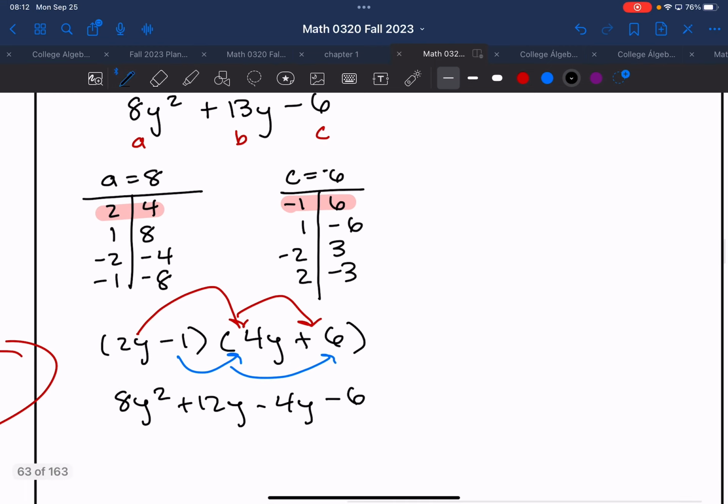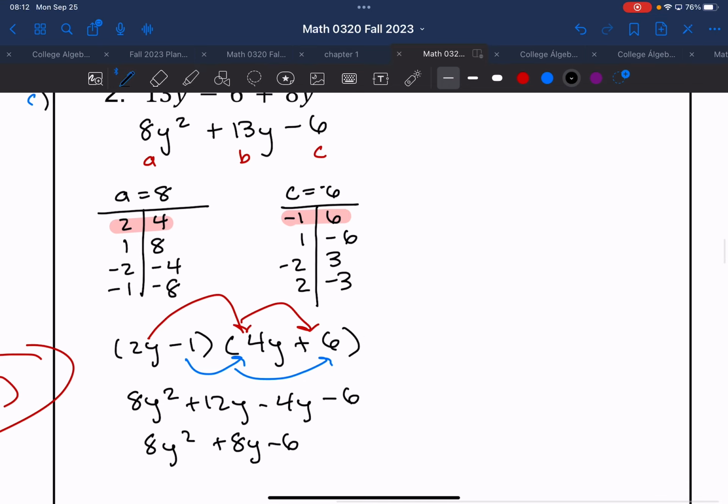Okay? I always combine my middle terms. So what's 12y minus 4y? So I have 8y squared plus 8y minus 6. Is this the same as my original problem? No, so it's not the same as my original problem. It's very close, right? But not quite there. So that means this right here that we did would not be an answer choice.